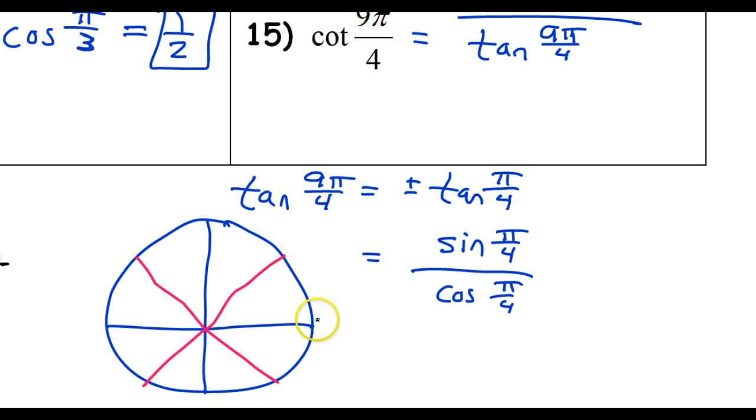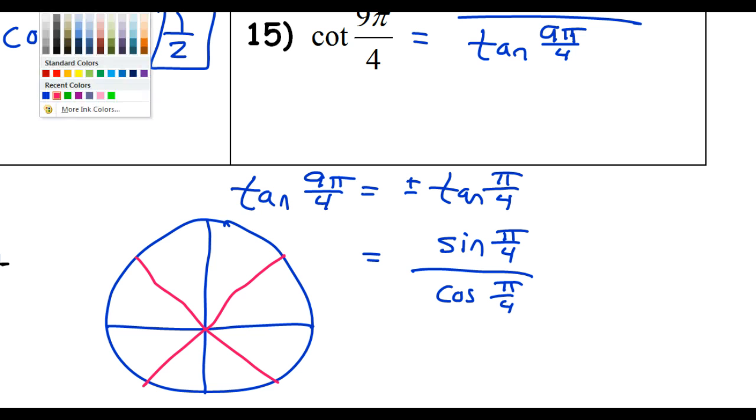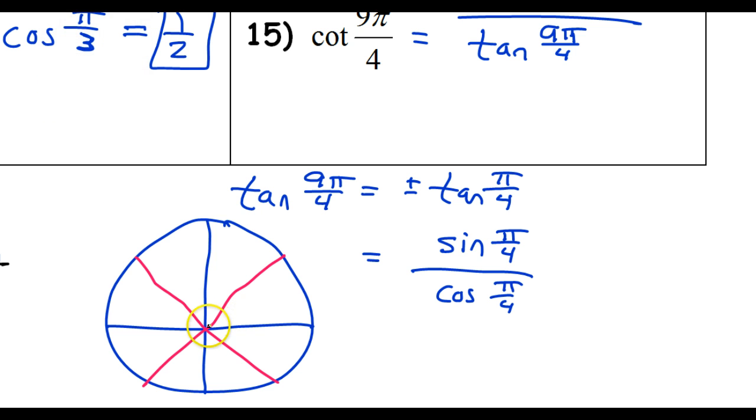So let's just figure out whether sine or cosine will be positive where we land. So starting from the standard position here, I'm going to go 9 pi over 4. So it's going to look like this. 1, 2, 3, 4, 5, 6, 7, 8, 9. 9 pi over 4 is going to end up right here.